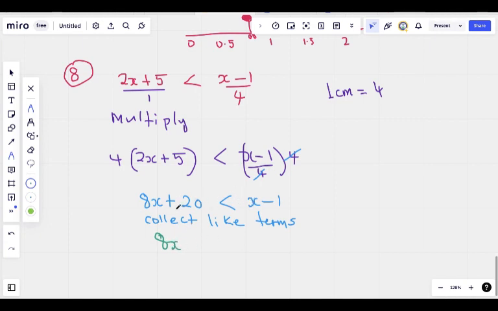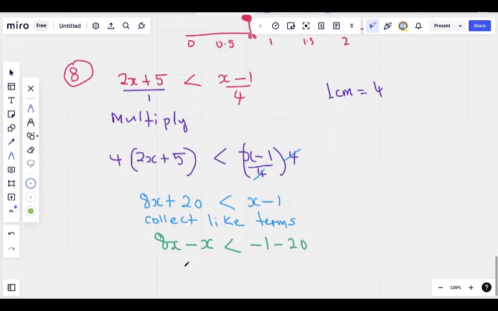I bring this x to this side because negative x. 8x minus x is less than. I have negative 1 here already on the right. Then I'll bring this one here, it becomes minus 20.